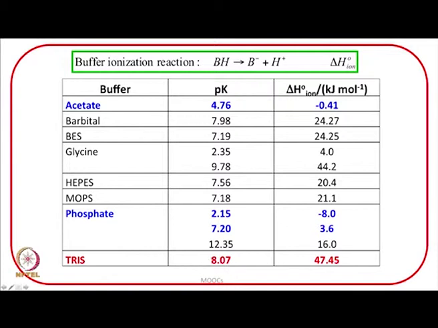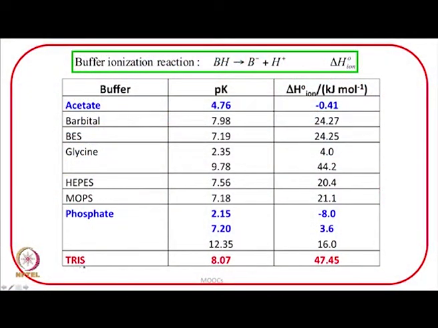TRIS has been a very popular buffer in spectroscopic experiments. Literature is full of spectroscopic experiments in which the solutions have been prepared in TRIS buffer. But as I mentioned earlier, when we are doing spectroscopic experiments, whether it is fluorescence spectroscopy or UV visible spectroscopy or any other kind of spectroscopy, we are not concerned with the amount of heat liberated or absorbed. So the enthalpy of ionization may not affect much in the spectral measurements.